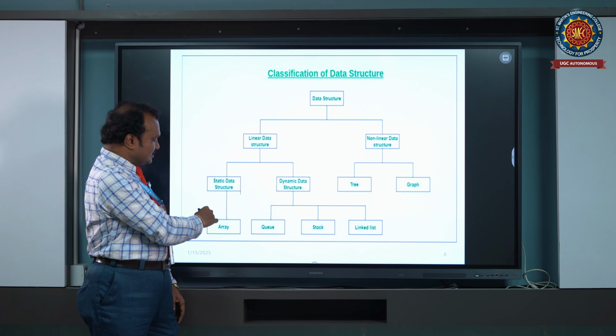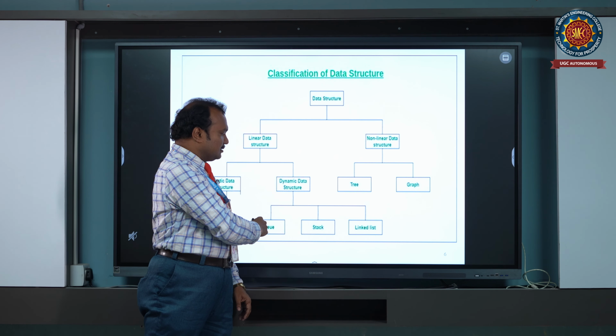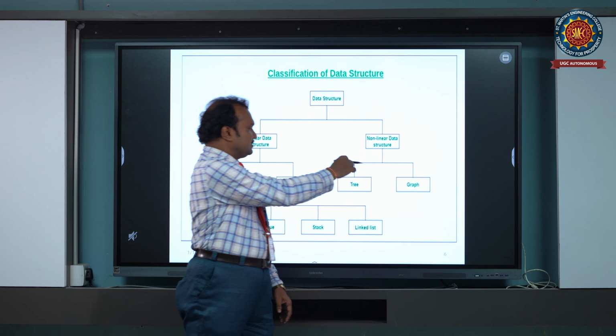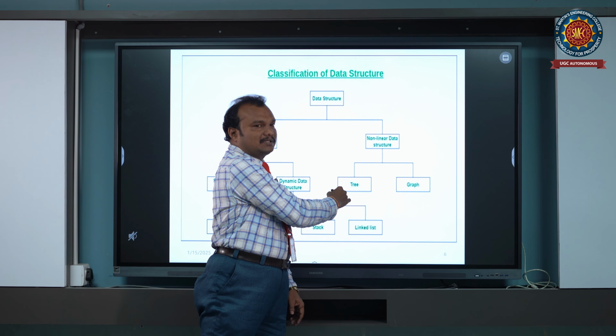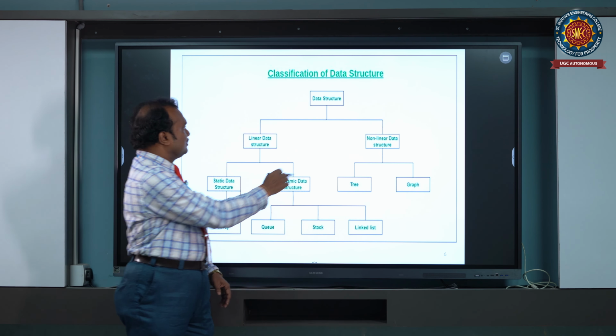For static data structure, the example is array. For dynamic data structure: queues, stacks and linked lists. For nonlinear data structure, the examples are trees and graphs. Now we will see one by one.